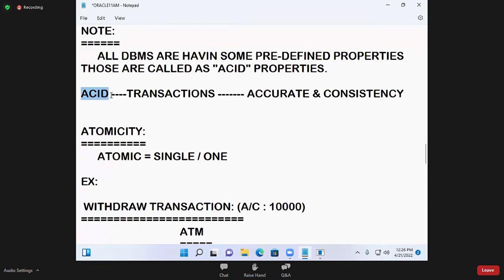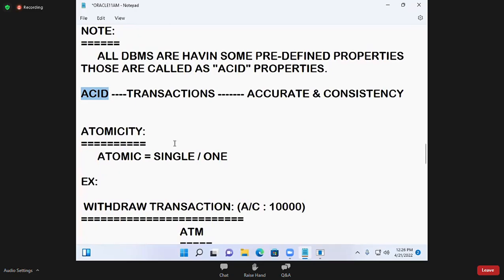These ACID properties are not user defined. They are inbuilt properties. Here we don't need to do anything, you just have to do the transaction. Internally your transactions will be maintained by your databases with the help of ACID properties. Understand my point now?